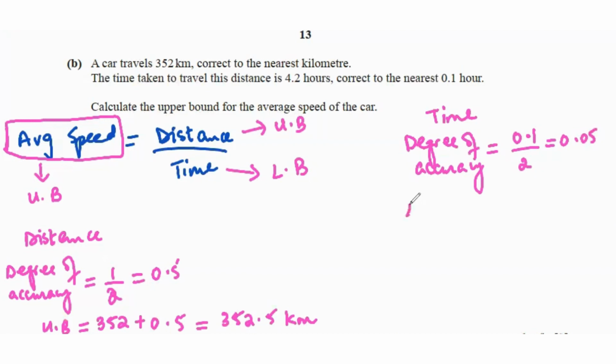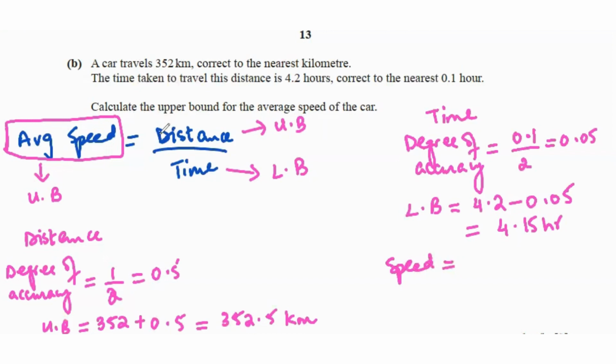This will be used for the lower bound of time, which will be 4.2 minus 0.05. Since it's a lower bound, we subtract the degree of accuracy. That's going to be 4.15 hours.